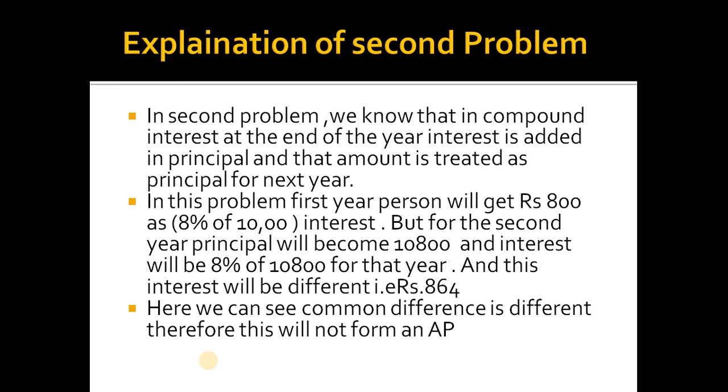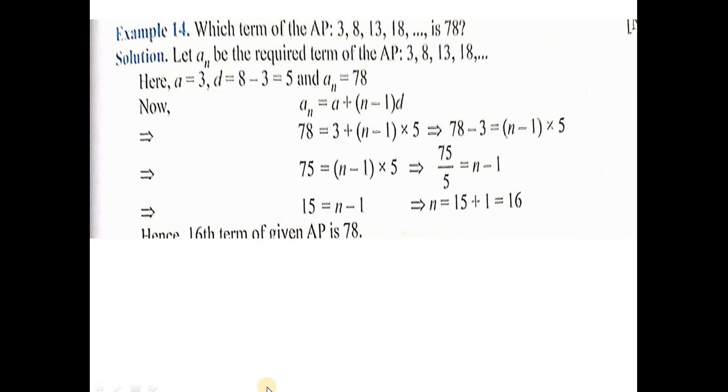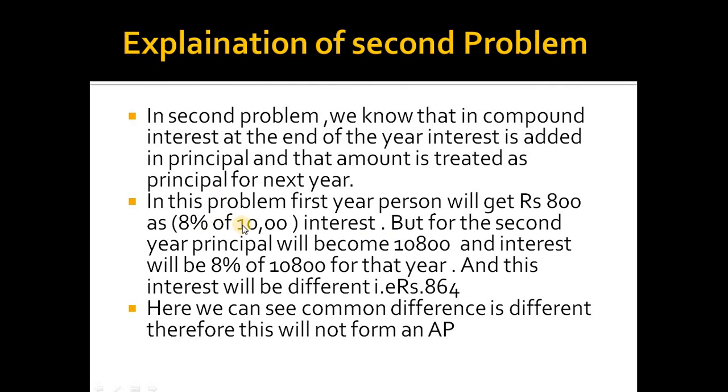In the second problem, we know that in compound interest at the end of the year, interest is added to principal, and that amount is treated as principal for the next year. So in this problem, in the first year the person will get rupees 800, that is 8% of 10,000. Okay, here a 0 I missed, so please redo it. There is some printing mistake.